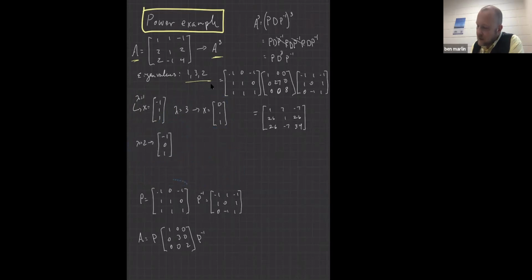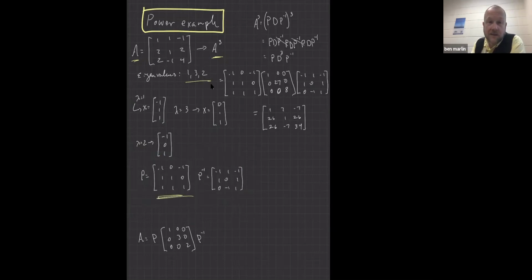So if we take the P, just list those eigenvectors in the order that we got them in and find the inverse of it. I again cheated and went to the computer and asked it what the inverse was. Yes, you can do that too, okay?